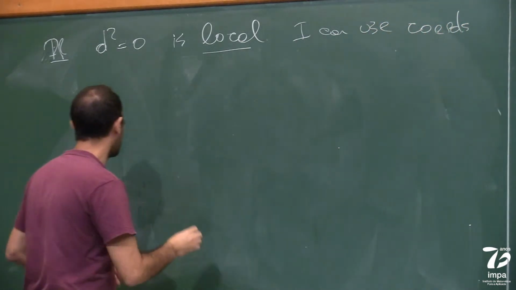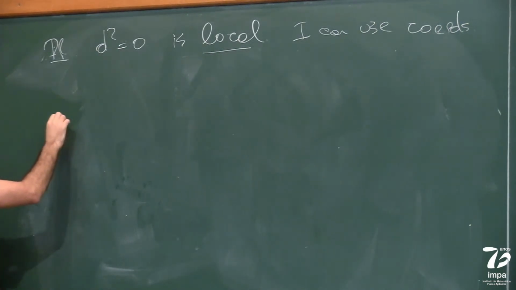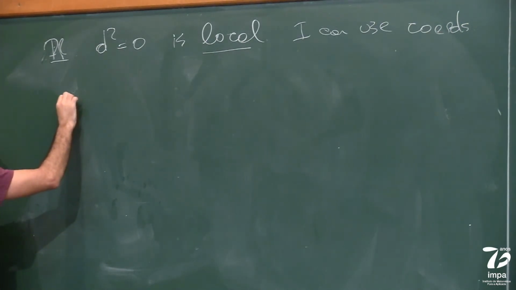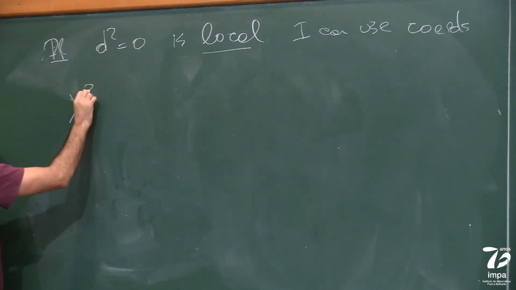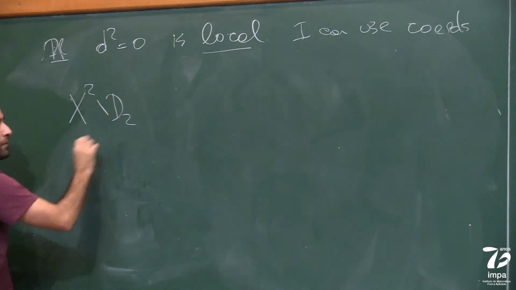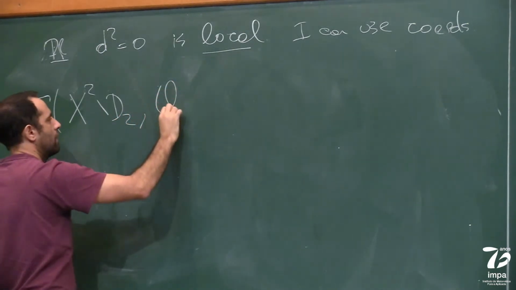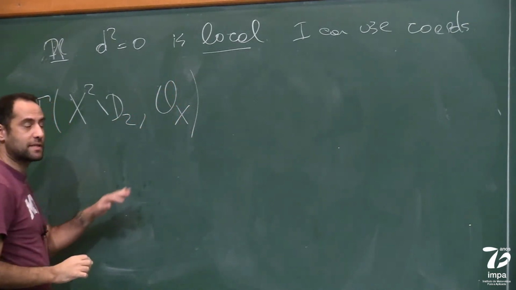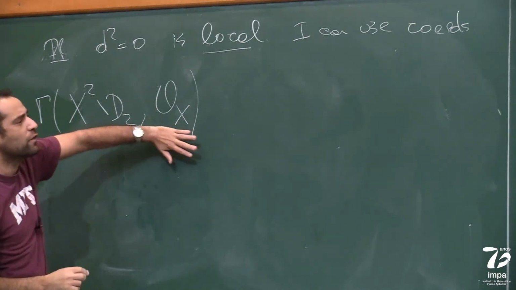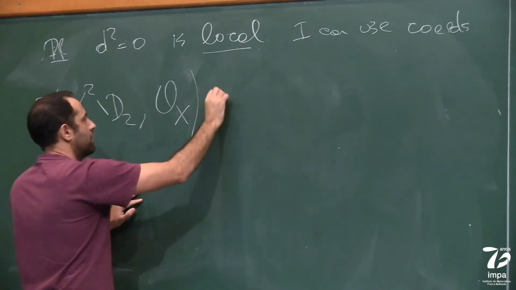Okay, so I'm going to look at our situation in the simplest possible example, which is x squared minus d2. Sections of this, I'm going to do this. I'm going to stick to elliptic curves, but of course, you can replace by vector fields here without a problem.